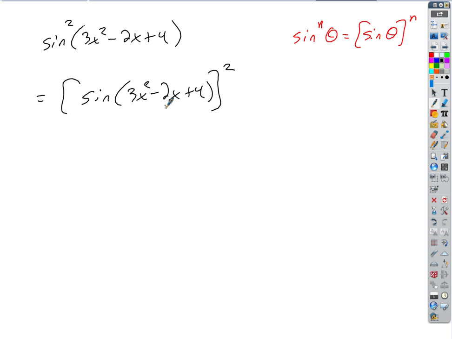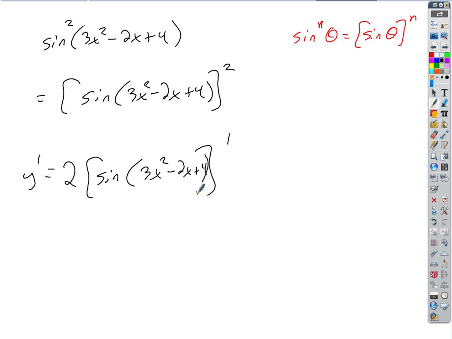So if we calculate y prime, outside layer, what's the derivative of arm squared? 2 arm to the 1. And now we can look inside. It's a sine of a polynomial, so we need another link in our chain.